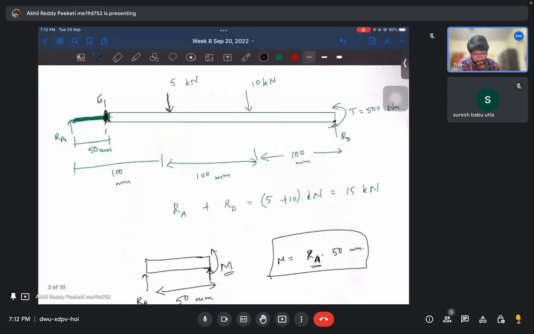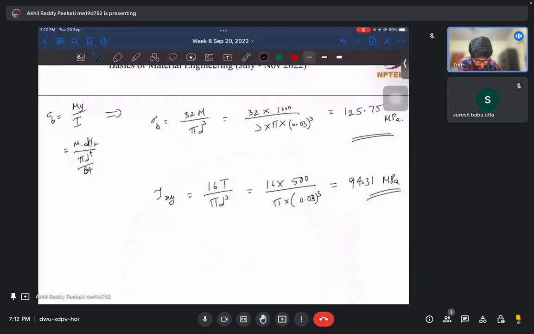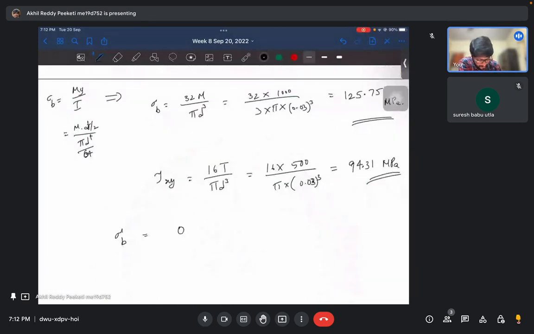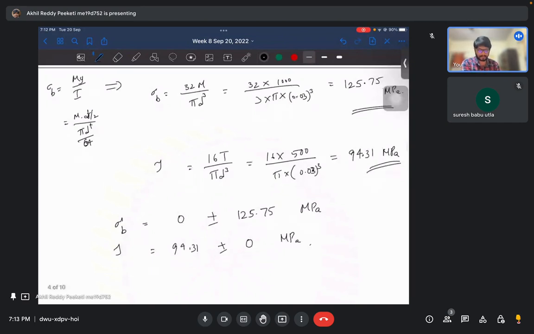So if you write the bending stress, it is mean plus or minus amplitude, and the shear stress would be just tau only. This tau is a steady torque being applied, so this would be 94.31 plus or minus, with no alternating part. Okay. Now these are the actual stresses acting there.